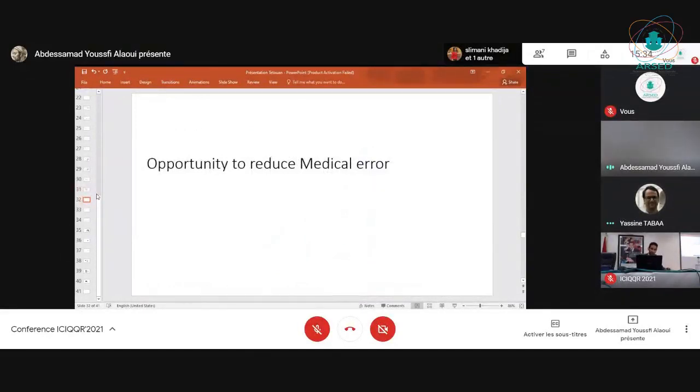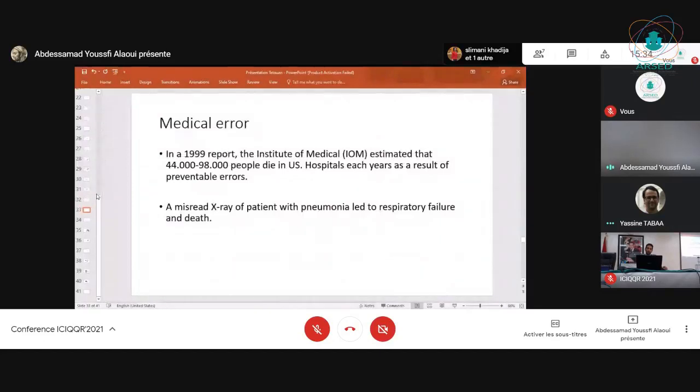So, to improve or reduce medical errors, for example, in 1999 reports in the United States, they found that between 44,000 and 98,000 people die in the United States because of a misreading of X-ray images.